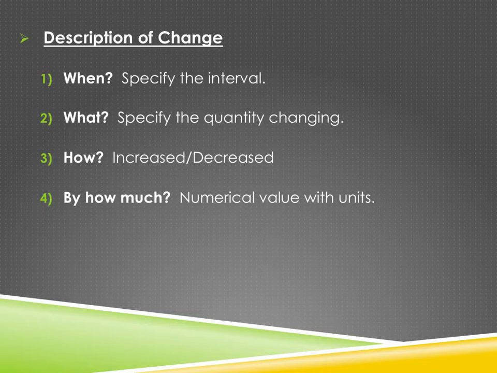So it's a numerical value with units. Right? Cases per week, cases per day, percentage of students per year. Okay? Those kinds of things. How did it change over the time period? By what amount?